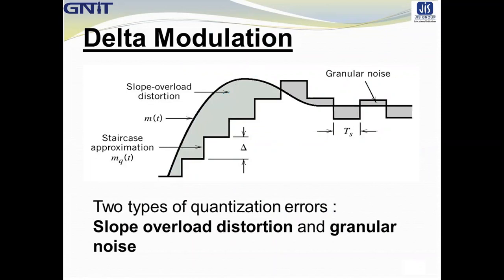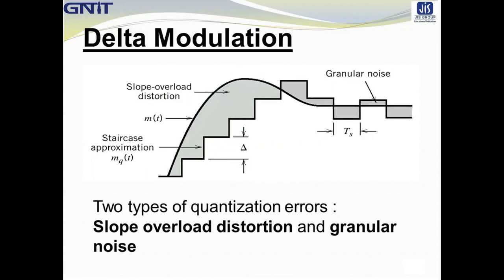It needs to be large. Then the error between the original signal and the staircase signal is called slope overload distortion, as shown in this figure.